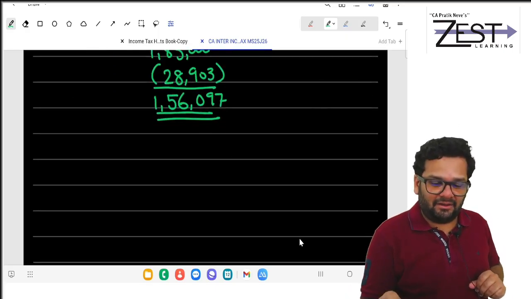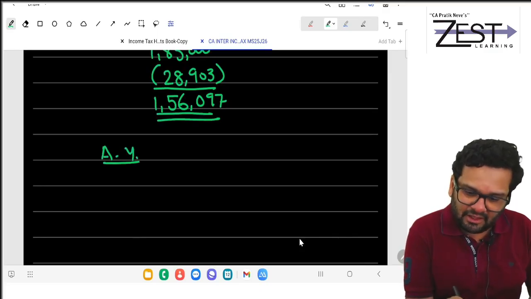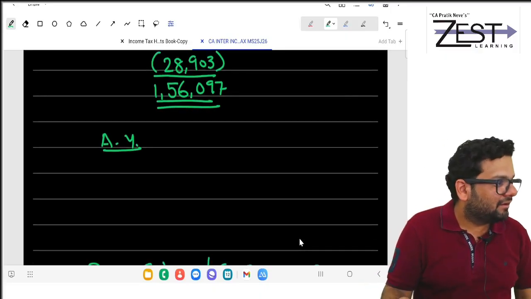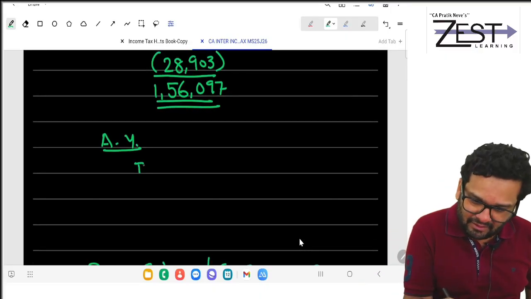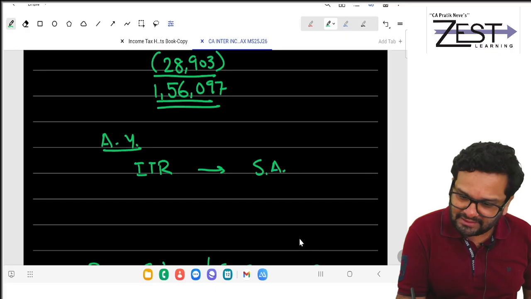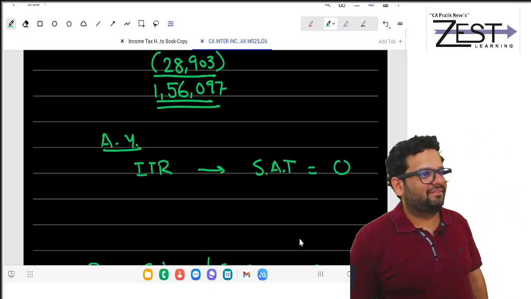But at the end, in the AY, what will happen? In the AY, he will be relieved, employee, because in the AY he will file ITR, and in ITR, self assessment tax will be 0.